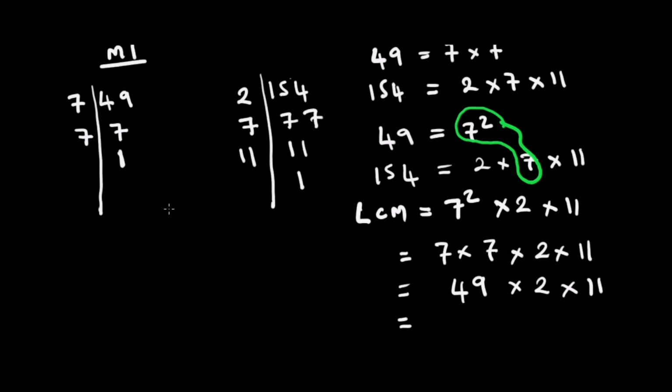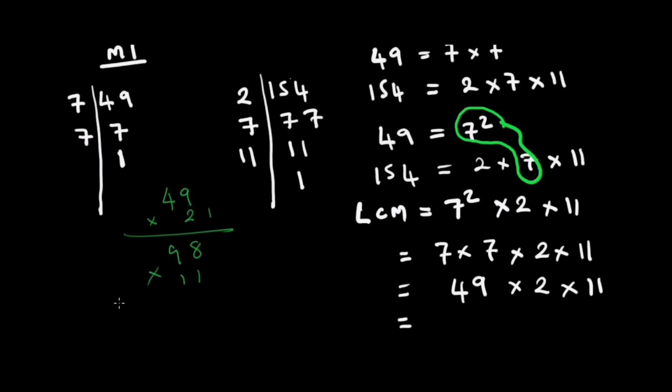We have 49 times 2. 2 times 9 is 18, carry 1. 2 times 4 is 8 plus 1 is 9. So 49 times 2 is 98. Then having got 98, we multiply by 11.